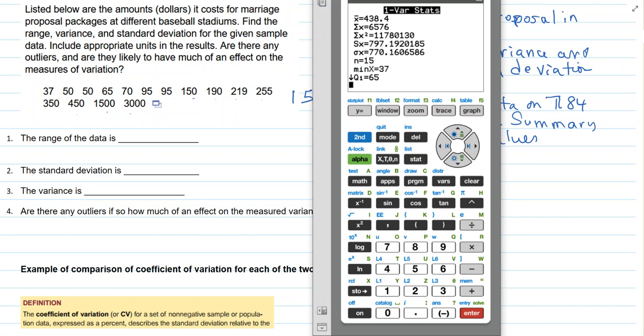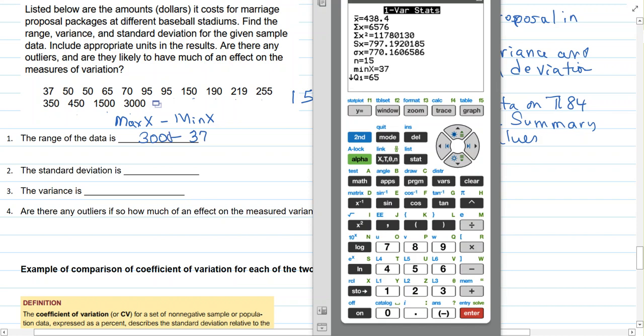So we know that the range is max x minus min x. So let's find those values. We know the minimum is 37. We looked at that and we knew it. And the maximum is 3,000 because the data is in order.